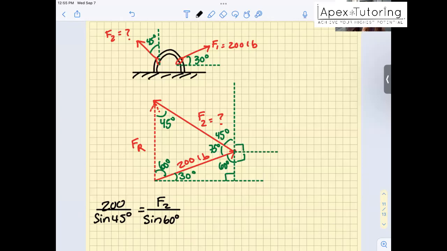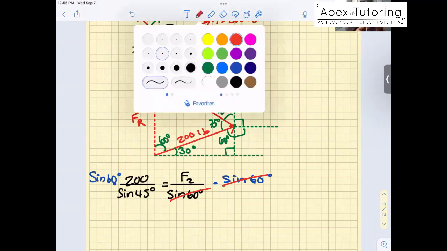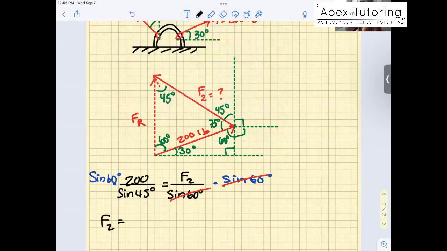And to get that to the other side in order to isolate F2, you're going to multiply by sine 60 on both sides in order to cancel it and isolate the variable. What do you get for F2? 244.95.